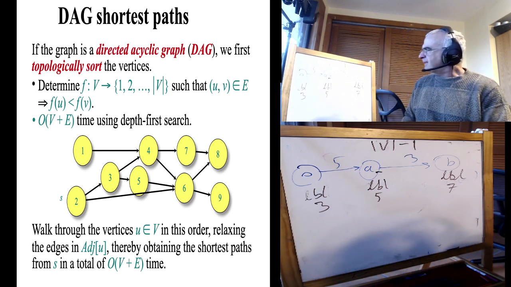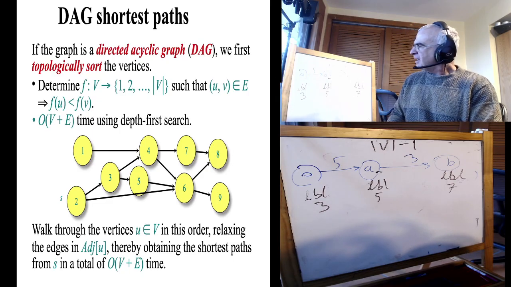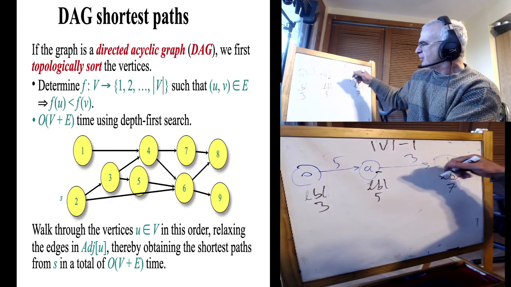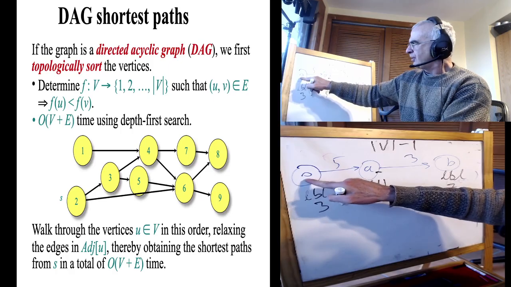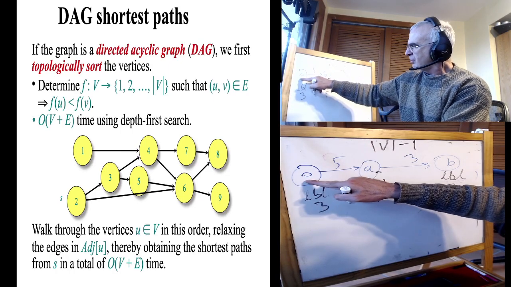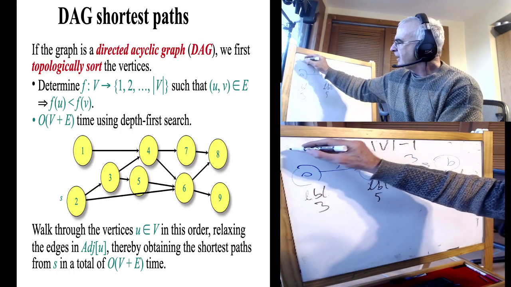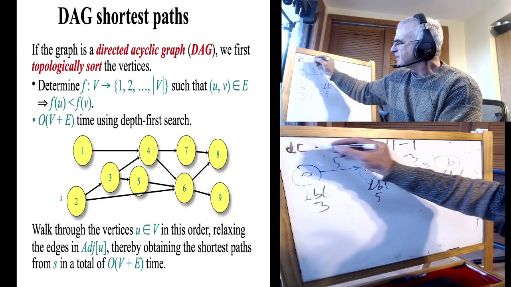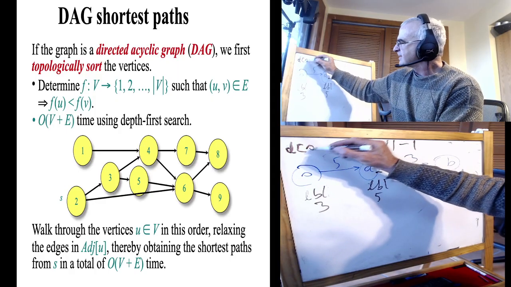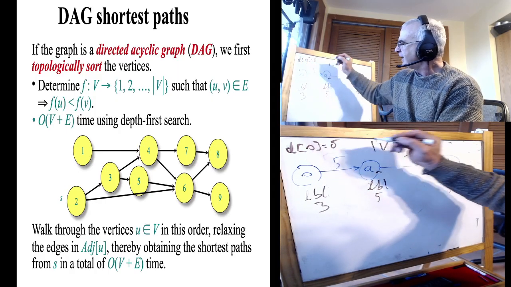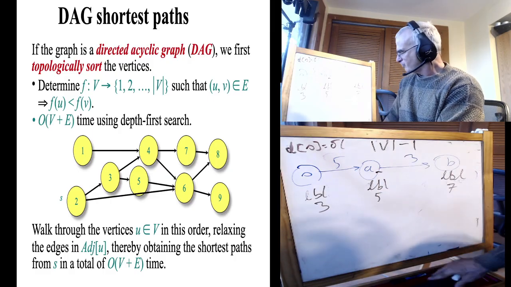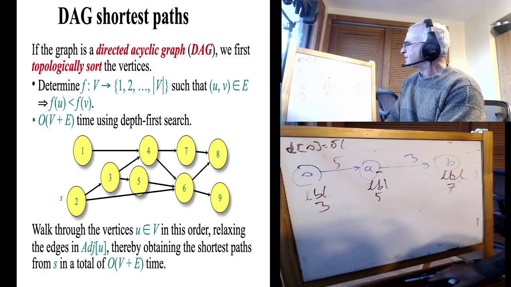What does it mean? It means that if along the shortest path S knows its vertex, it has a small label, and it knows the distance to it, that is d of S equals delta of S to itself.